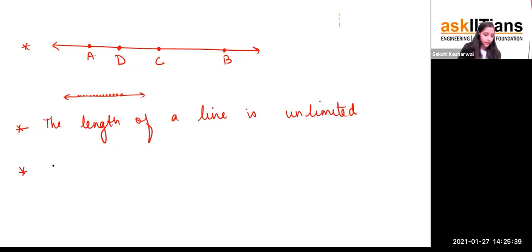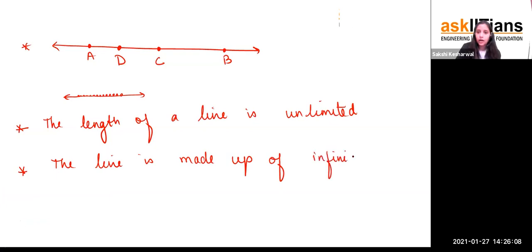Or we can say that the line is made up of an infinite number of points.